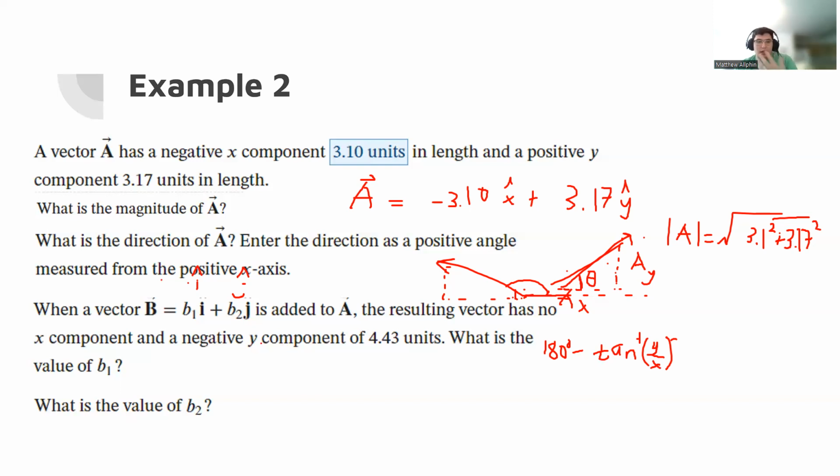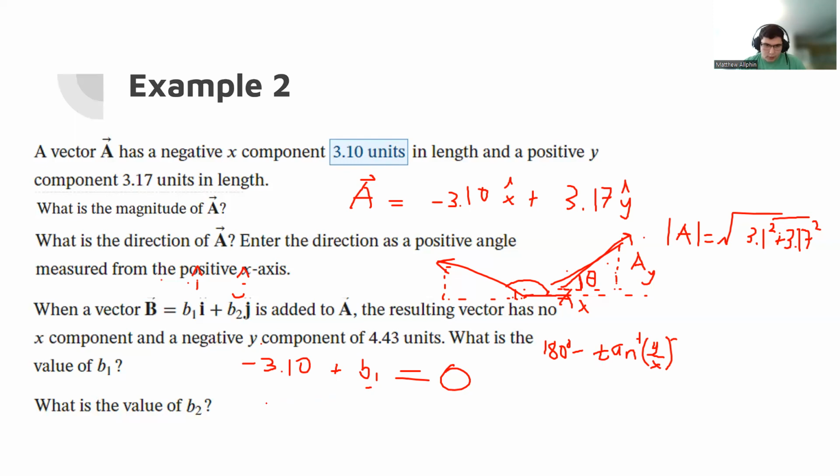And so for this one, I usually like to look at the components individually, because what it's telling me is that when I have a negative 3.10, and I add B1, which is the x component of the vector B, it should be 0. And I just solve for B1, which is easy enough. It's just 3.1.